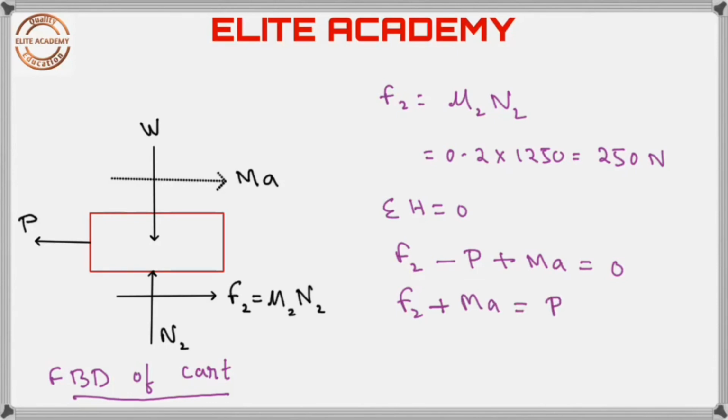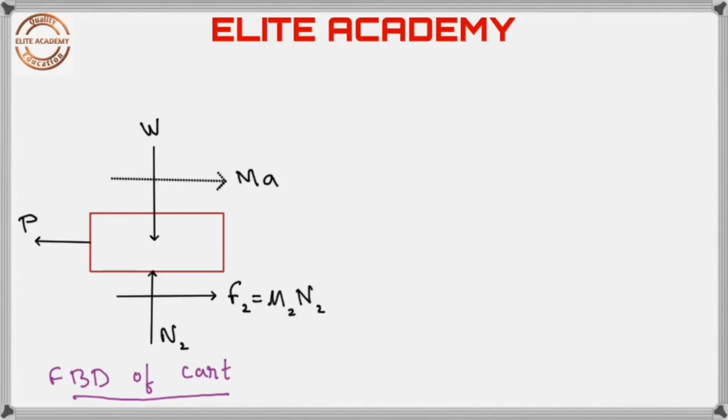So, F2 plus Ma is equal to P. 250 plus 1250 divided by 9.81 into 2.943 is equal to P. If we calculate, we get P is equal to 625 newtons. This is the maximum allowable force P, so that the crate does not slip over the cart.